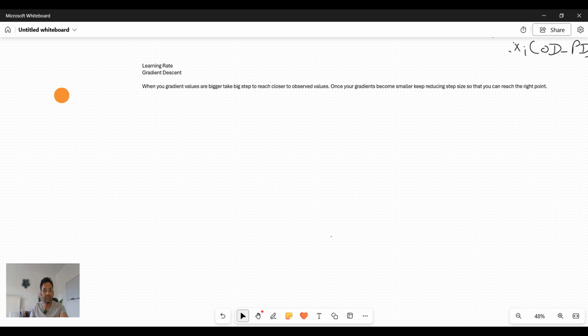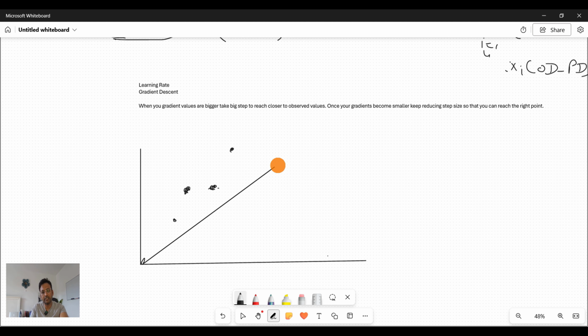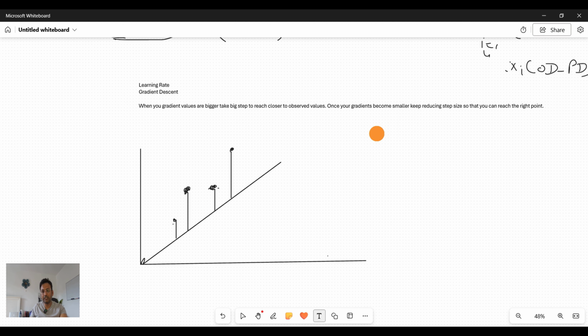So just to give an example, let me draw this graph again with this line here, and we calculate this error. I'm just taking an example here, guys: let's say the error value for this case comes to 20.